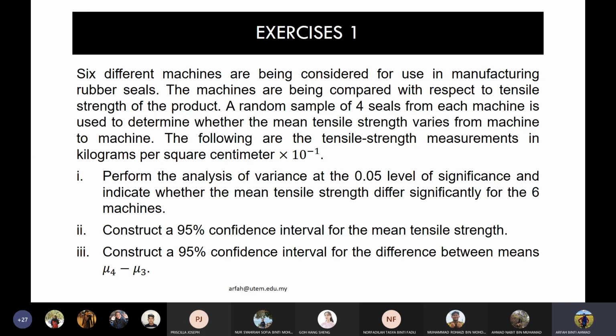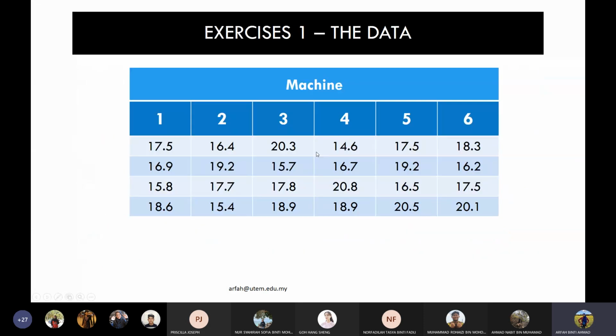So dia kata satu company ni dia nak test 6 machine. Dia ada 6 machine that is to produce rubber seal. So dia nak compare the production of each of this machine with respect to the tensile strengths of the product. So dia ambil 4 sampel dari setiap machine. Ada 6 machine and then setiap machine dia ada 4 sampel.